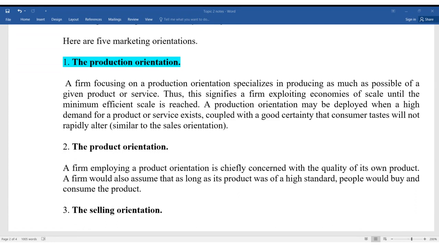You can do standardization of products, that is, produce standard products. You can use economies of scale. Economies of scale is trying to produce on a large scale so that the cost per unit is reduced.